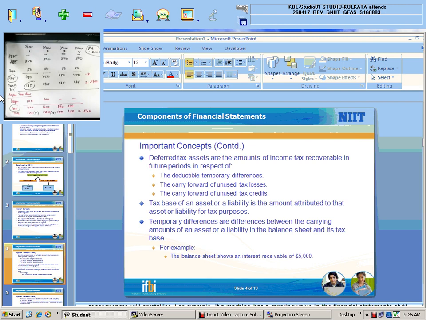So let's look at this example. The balance sheet shows an interest receivable of 5,000. The interest receivable of 5,000 is an asset. Supposing there could be two situations.